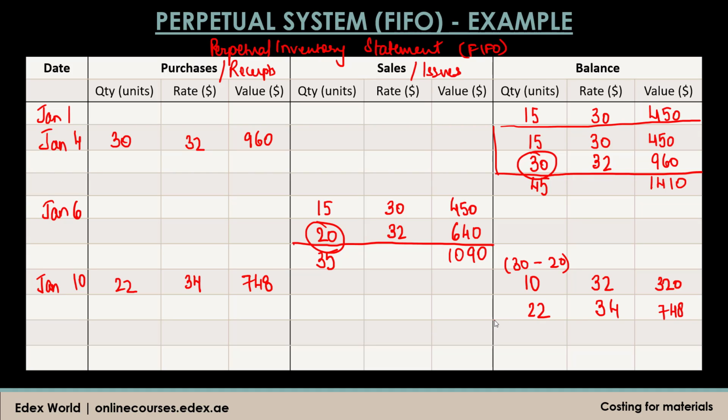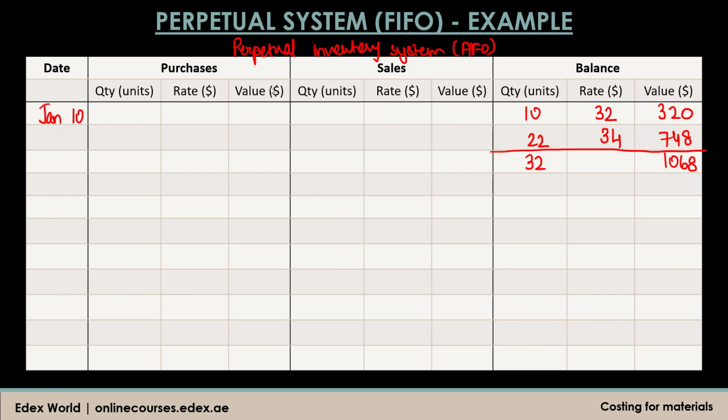So what is the total closing balance I have? 10 plus 22, 32 units, and the value will be 1068. So bringing forward our previous transaction on Jan 10 to the next page so that we have space below.